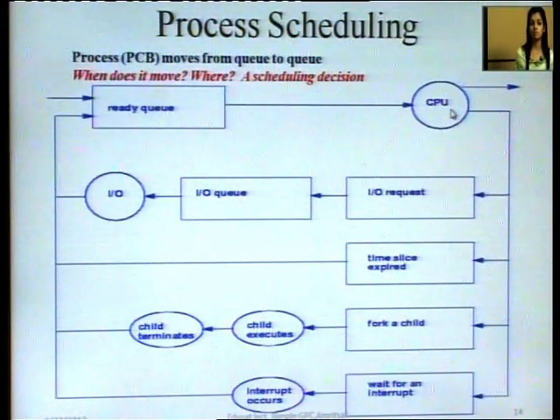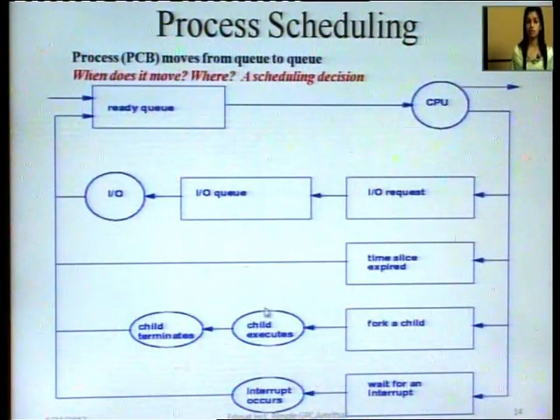But if the process requires some small processes, then it generates a child process, and a child process can be generated by the fork command. The fork command is used to create a child process. Okay, then the child process is executed.